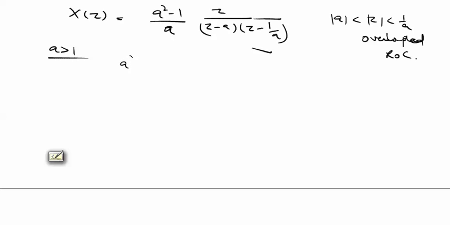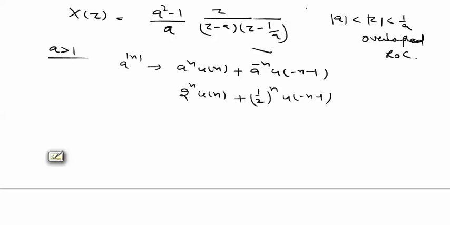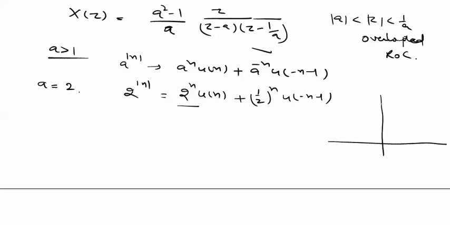And the final answer for us: if a is greater than 1, then I draw again. The complete expression is a^n u[n] + a^(-n) u[-n-1]. For a greater than 1, I took a equals 2 and write the expression again, and now I draw it. With the drawing, we get a lot of clarity, pictorial view, conceptual clarity.